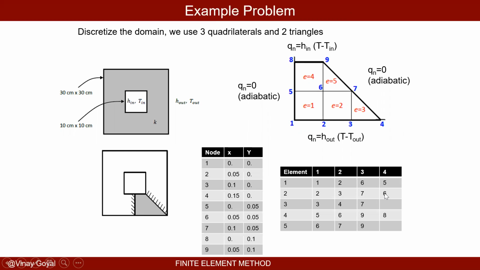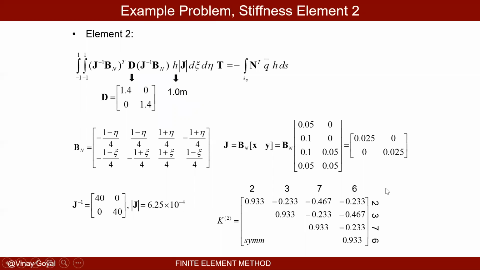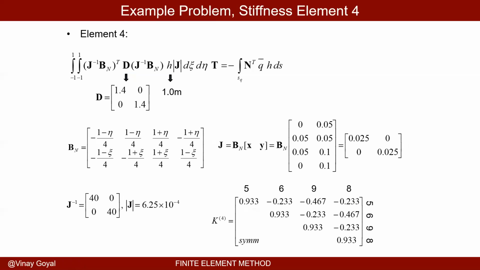Just make sure you put them in the right order when you locate them here. Multiply this whole thing and I get this as the Jacobian. The Jacobian inverse and the determinant of J bold have to be calculated. You plug all that in here and integrate, and you get that for element 2. Put the connectivity 2, 3, 7, 6 there. We'll need it for assembly.